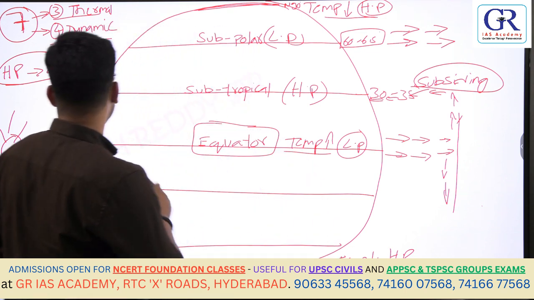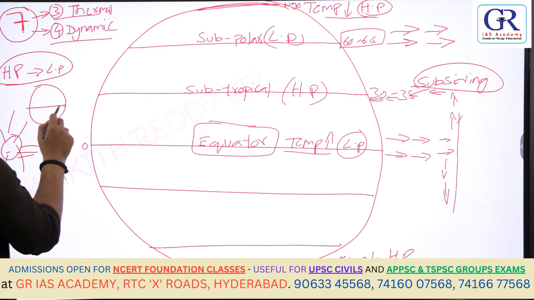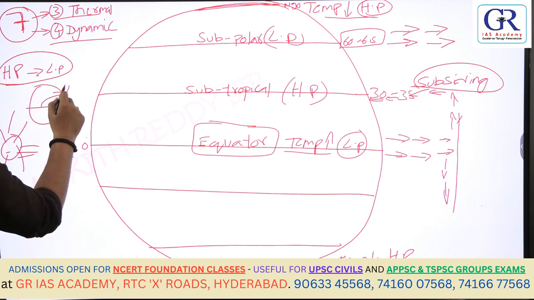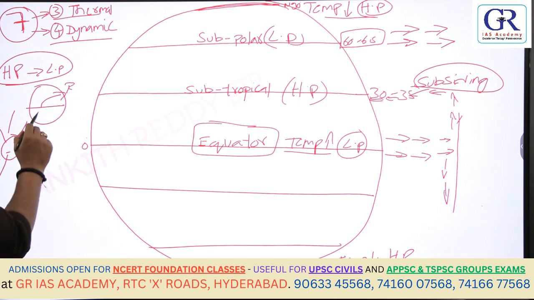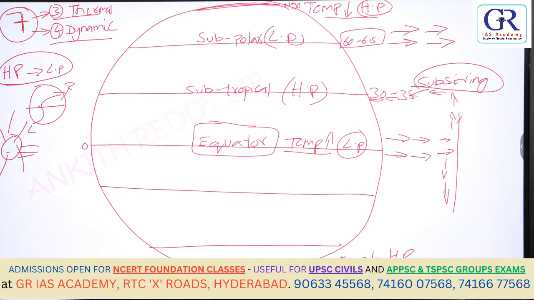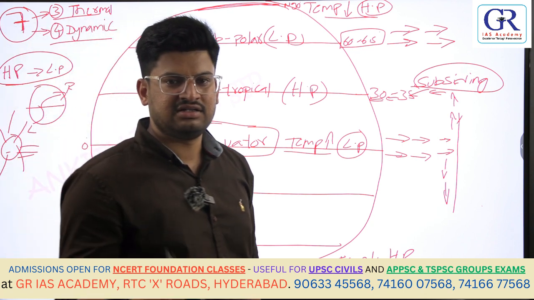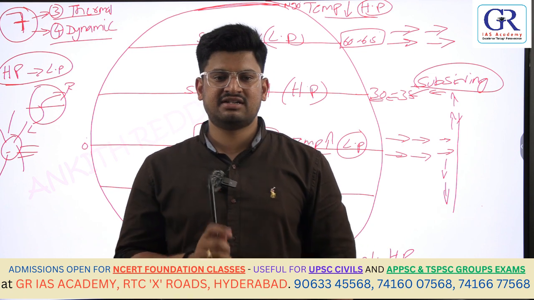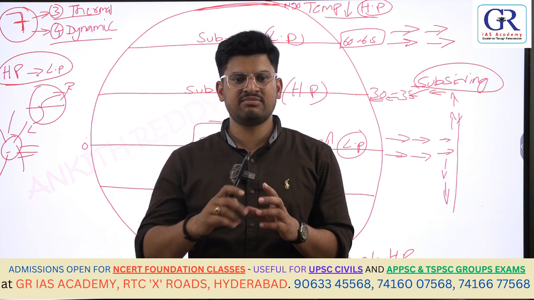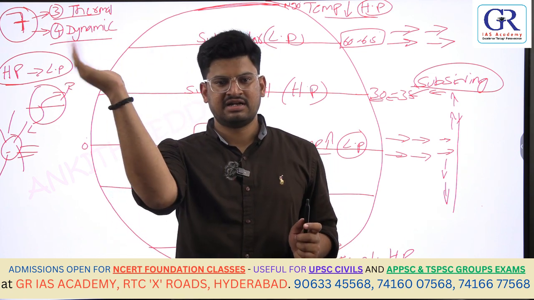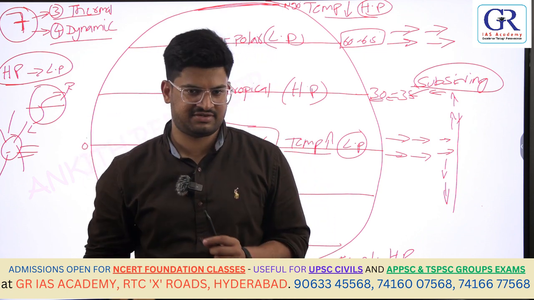This Coriolis force deflects free moving air towards the right in the northern hemisphere and towards the left in the southern hemisphere. Okay, because of the Earth rotation, a force is generated, that is Coriolis force. In the northern hemisphere, it deflects towards right. In the southern hemisphere, it deflects towards left.